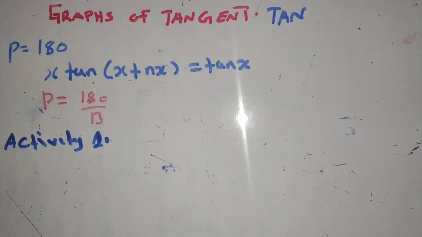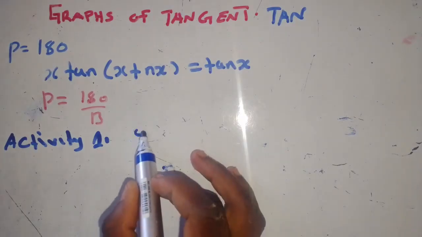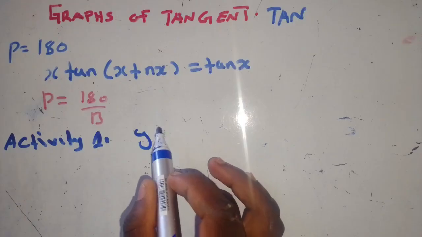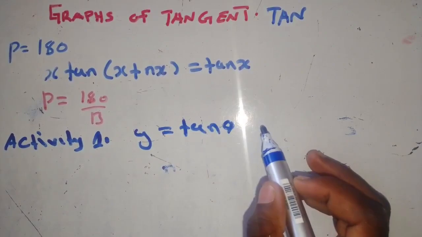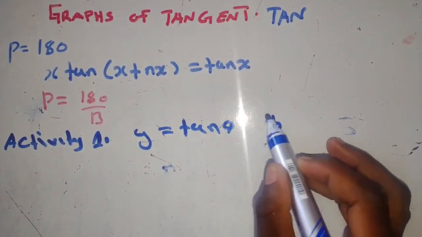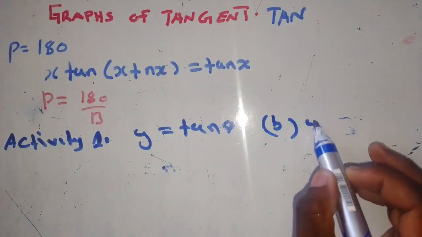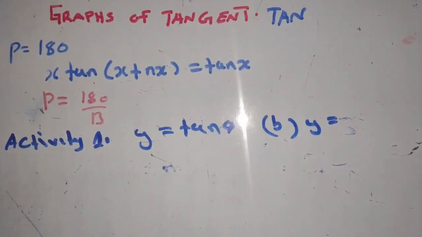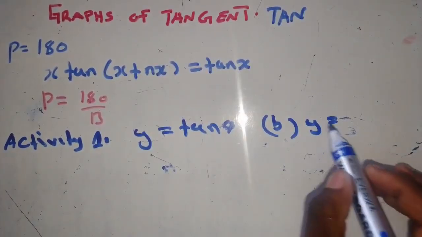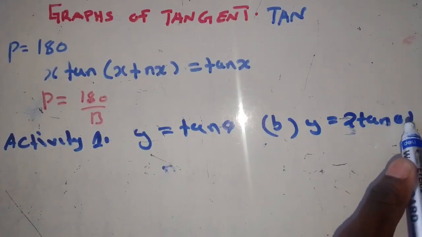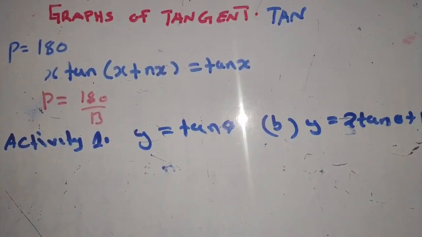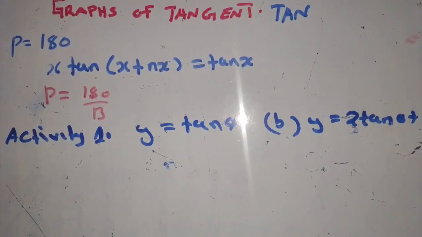In the first question, we have been asked to graph (a) y is equal to tan theta, and (b) y is equal to 2 tan theta plus 1.